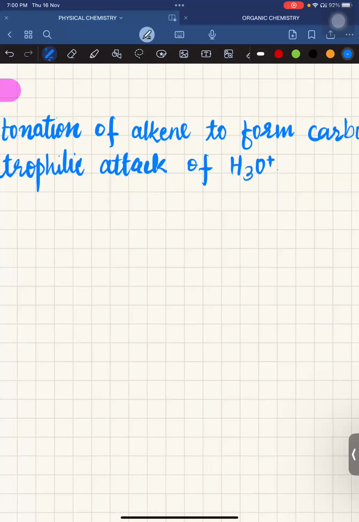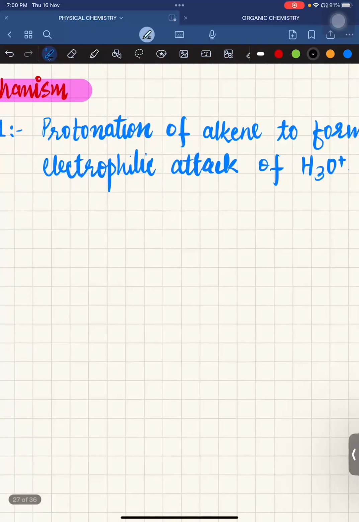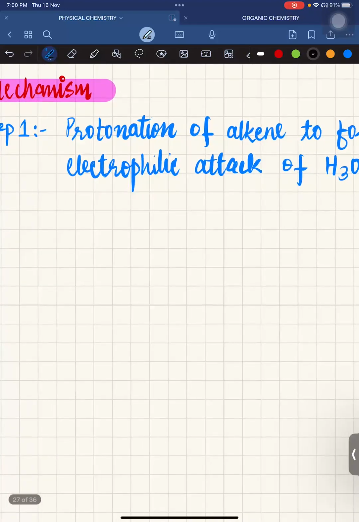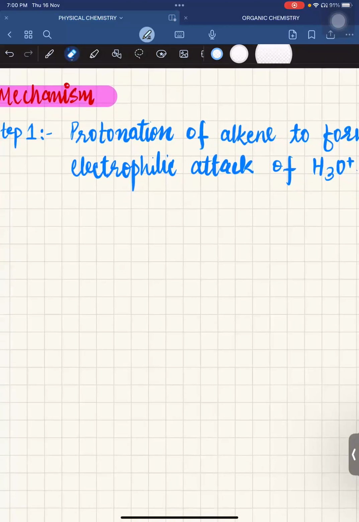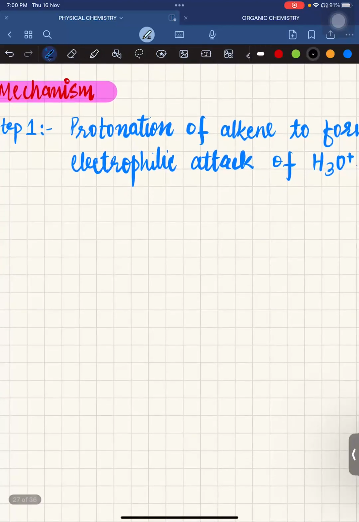So in the first step, there will be protonation of alkene. Let's take this alkene, C double bond C, and this will be the scenario.